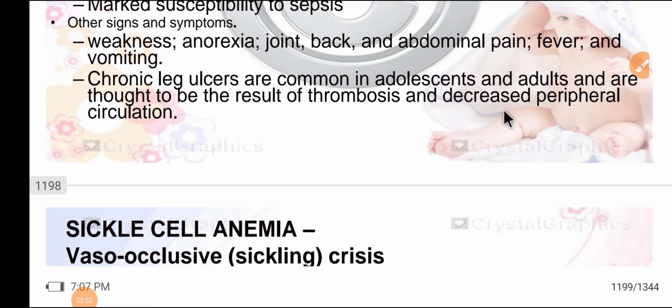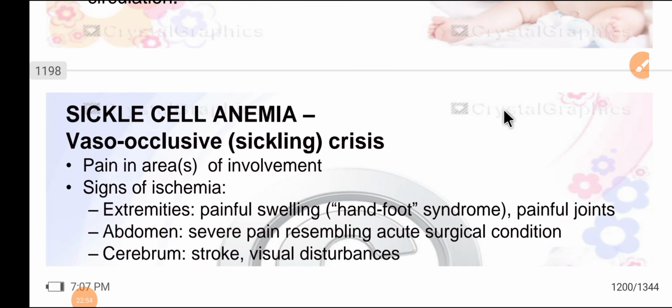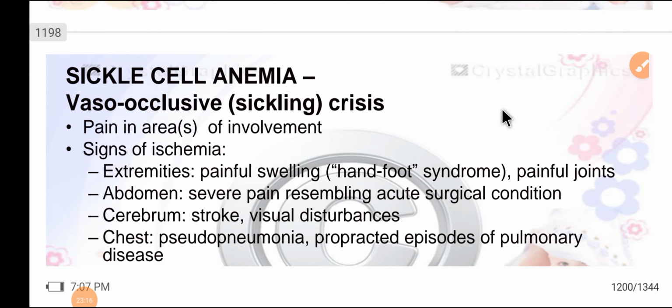Sickle cell anemia, vaso-occlusive sickling crisis: pain in areas of involvement, signs of ischemia. Extremities: painful swelling, hand-foot syndrome, painful joints. Abdomen: severe pain resembling an acute surgical condition. Cerebrum: stroke, visual disturbances.